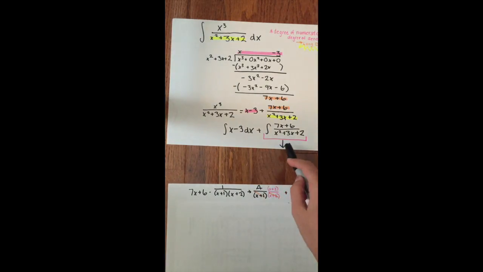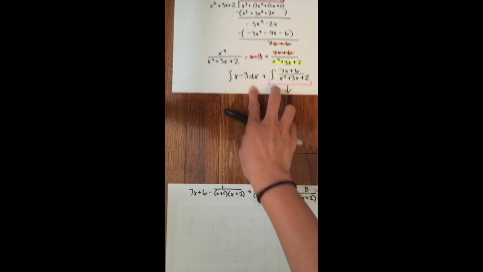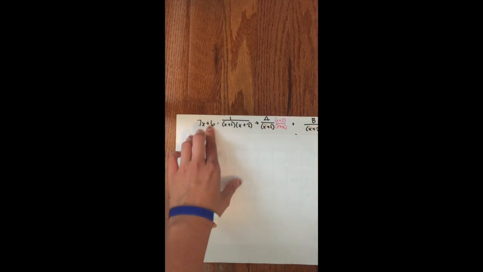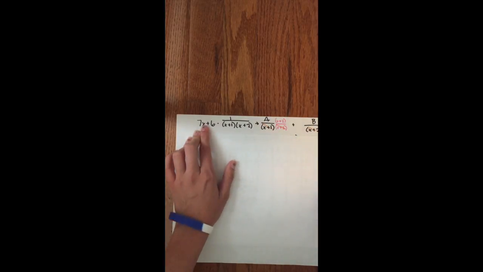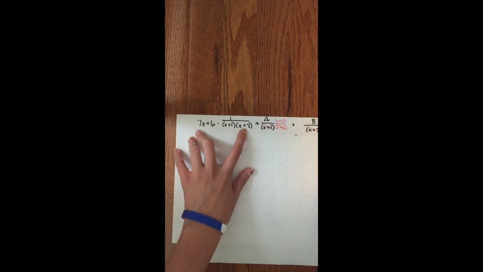So where we left off, we're going to be focusing on this integral first. We're basically going to split this into two. We're going to take the 7x plus 6 off the numerator and put it by itself, and then multiply by 1 over the denominator factored out.